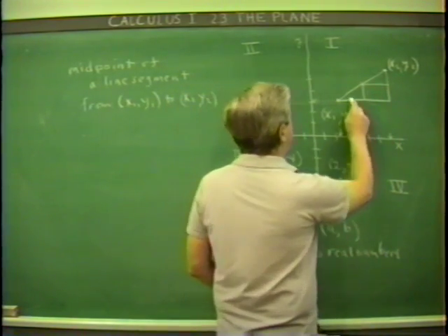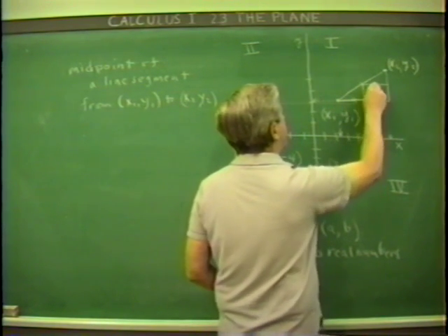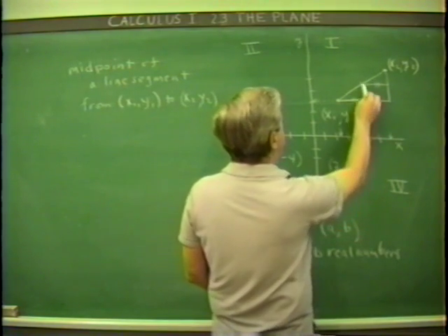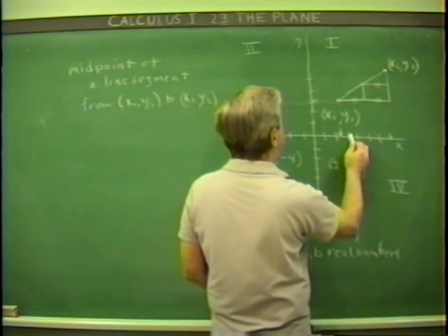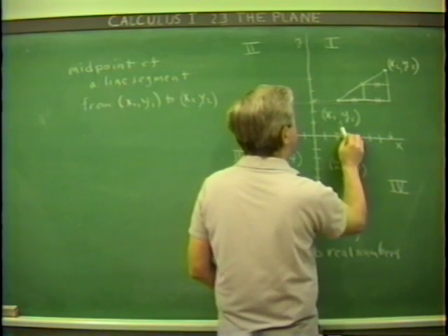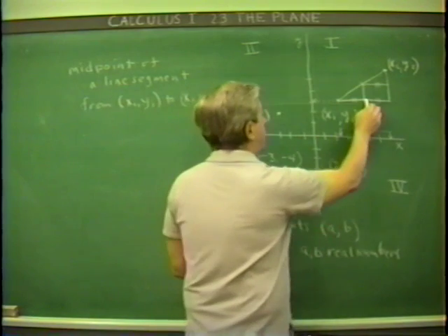And since these two triangles are congruent, this length here is equal to this length is equal to this length. And so the x-coordinate of the midpoint should be the point whose distance to the two x-coordinates is equal.